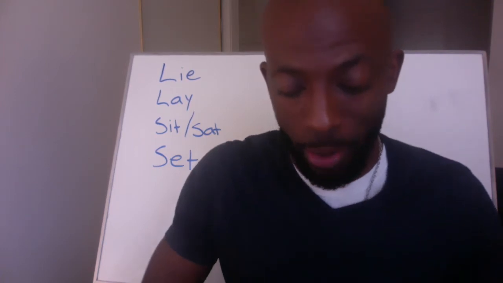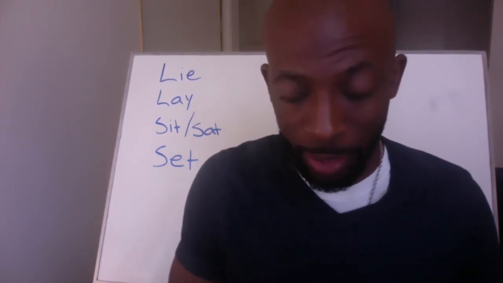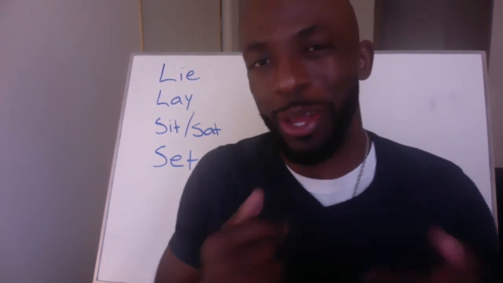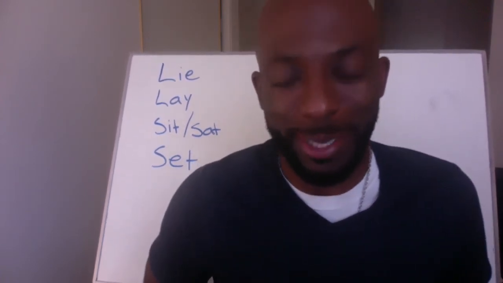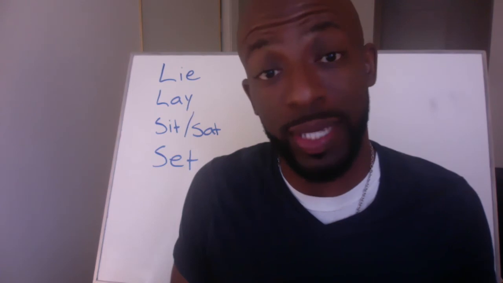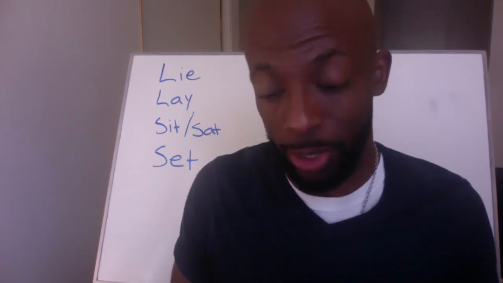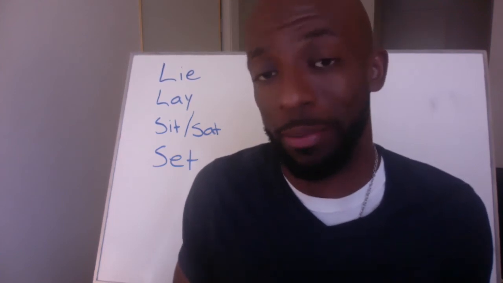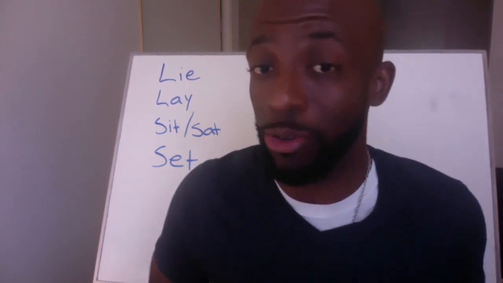Let's look at what we're doing here on page 205. It says, circle the correct verb in each sentence. So just for you, because I love you guys, we're going to do the first one together. It says, I will teach my dog to, and it has two options, to set or to sit. Now, which one sounds right? You can't always go by that because it may sound right, but it could still be wrong.